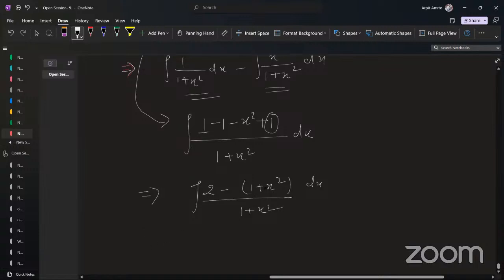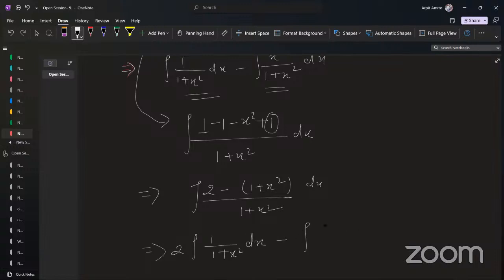If I separate with these two, this will cancel out and it will become 1. And here we can apply that formula. So it will be 2 times the integral of 1 upon 1 plus x square dx, minus the integral of 1 plus x square divided by 1 plus x square dx.